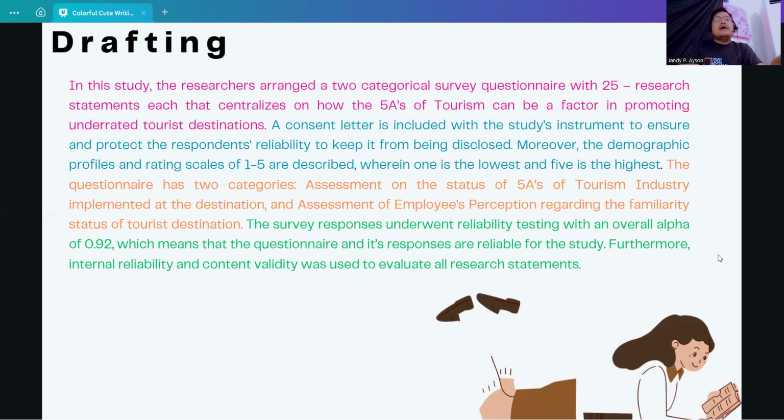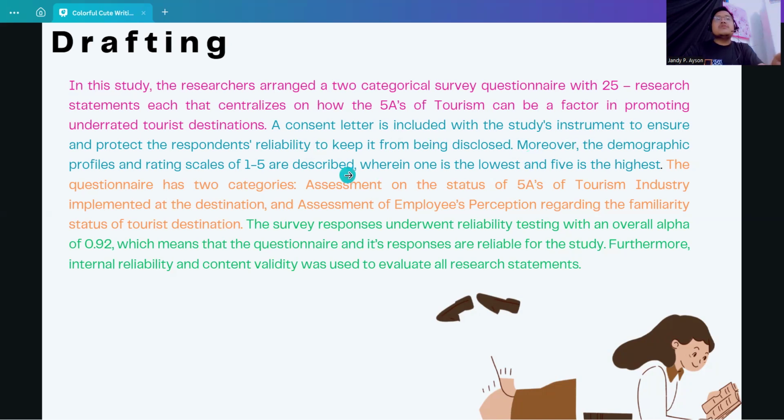And then, sa second part, a consent letter is included, kagaya nga ng sinasabi ko, para ma-protect yung respondents, to keep the information from being disclosed. So para maprotektahan yung information ng mga respondents natin.